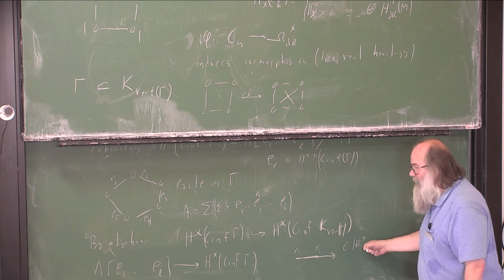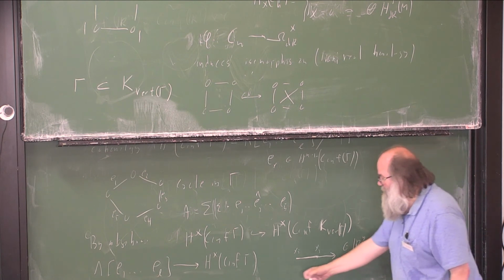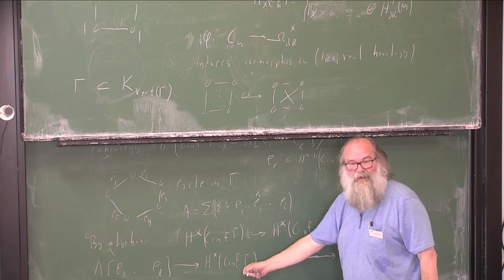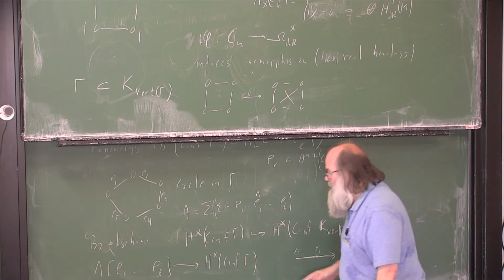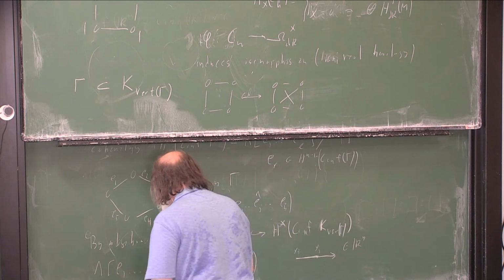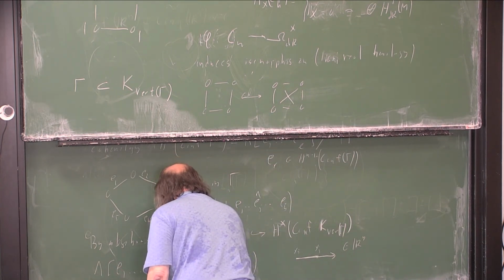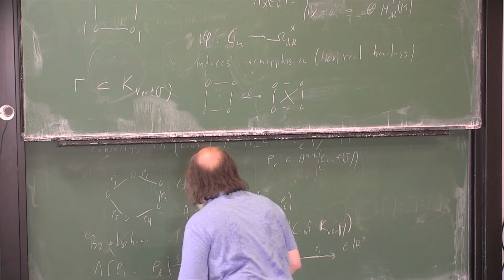This gives you an element in S^(n-1), so a map from the configuration space of gamma to S^(n-1), and you pull back the fundamental class. So this gives you a class e_i, and this map is surjective. These are the same as those.